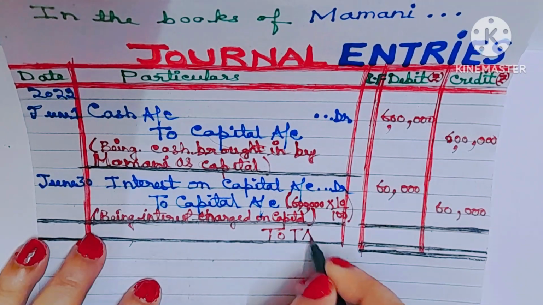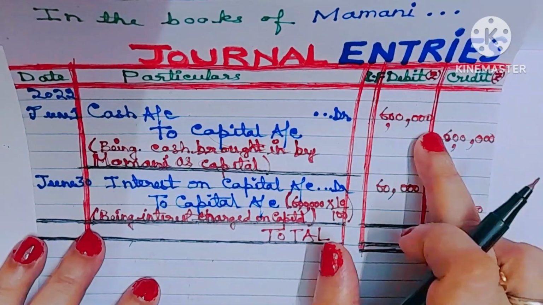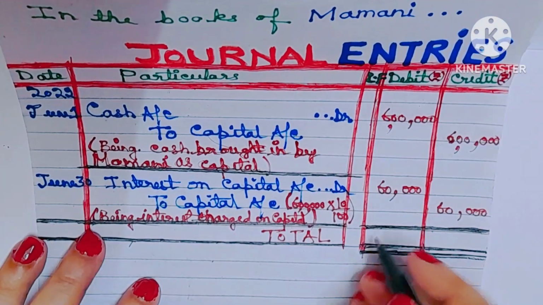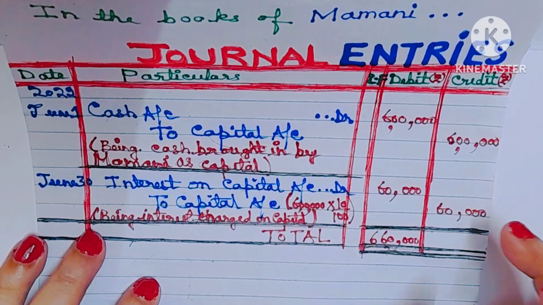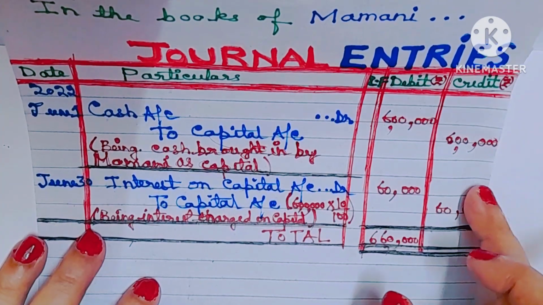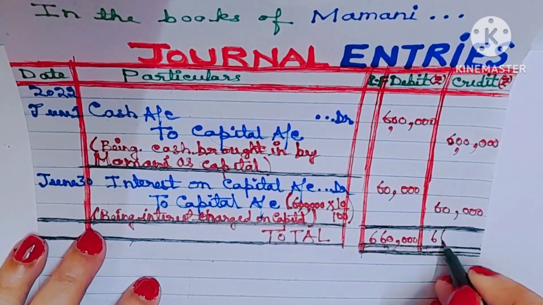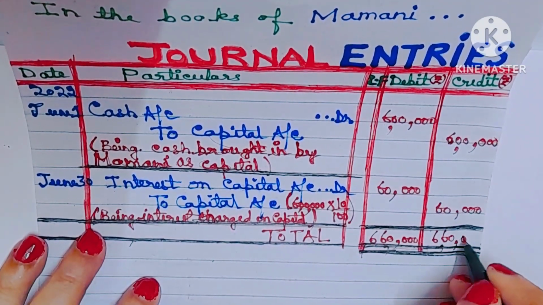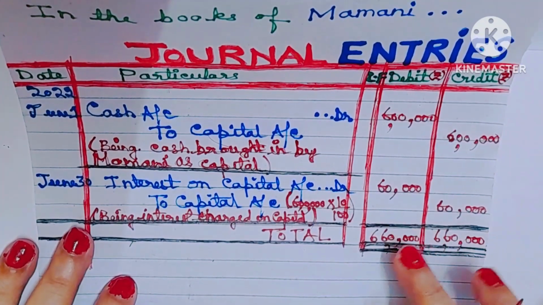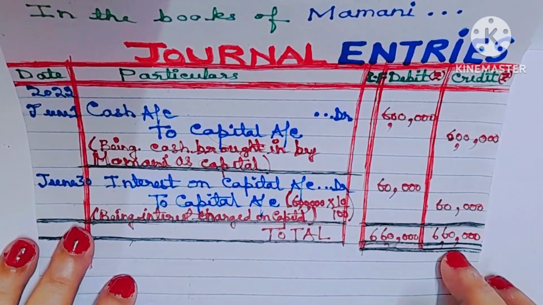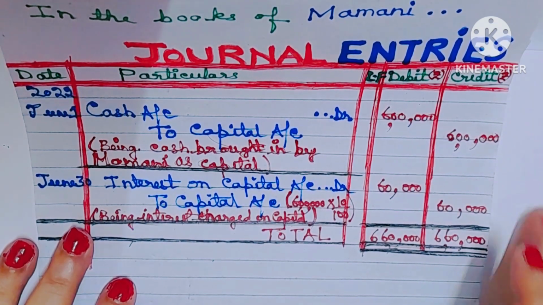Let's do the debit column first. 6 lakhs plus 60,000 will give you 6 lakhs 60,000. Now let's go through the credit column. 6 lakhs plus 60,000 will give you 6 lakhs 60,000. And I have already told you the total of debit column should be equal to the total of credit column. So your journal entry is complete.